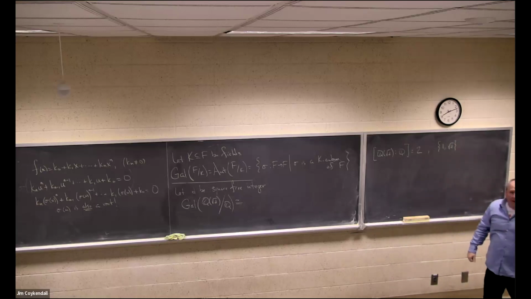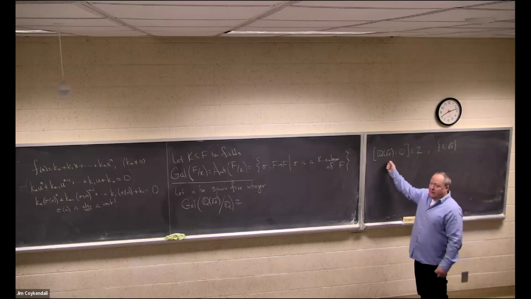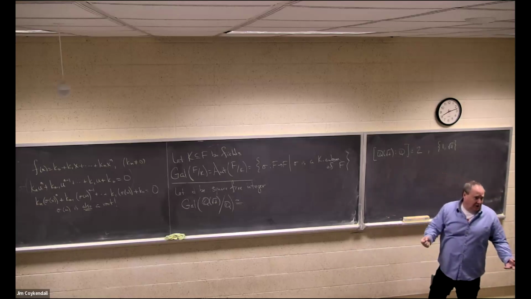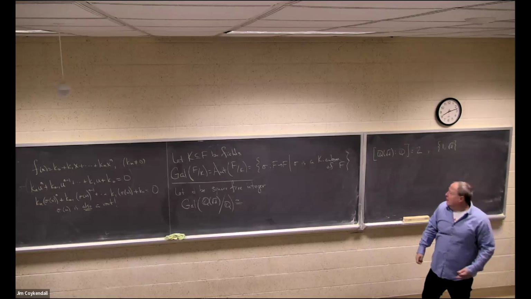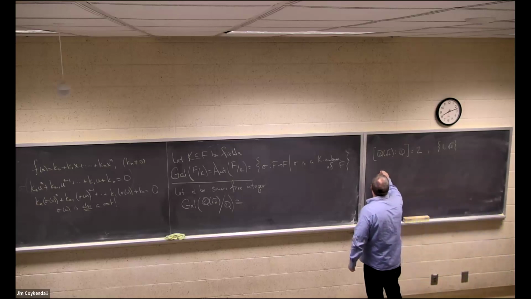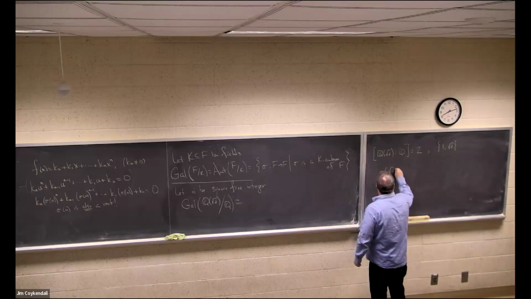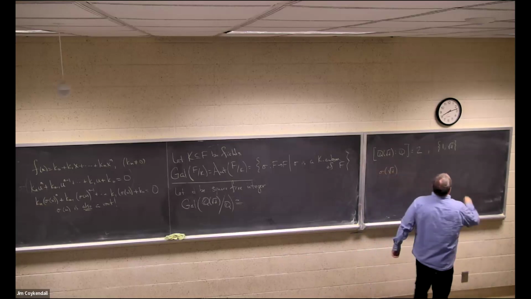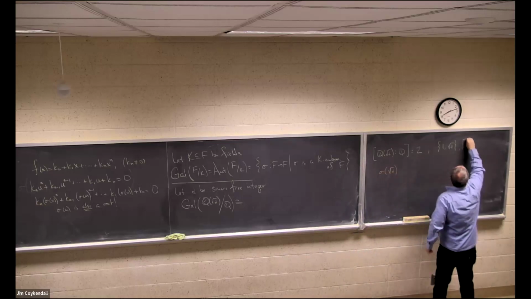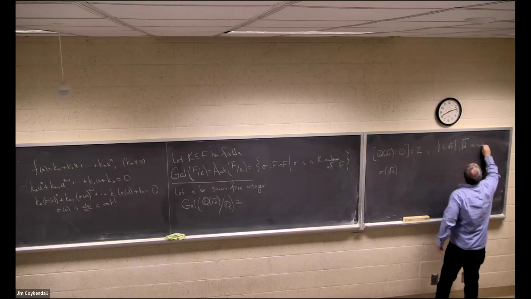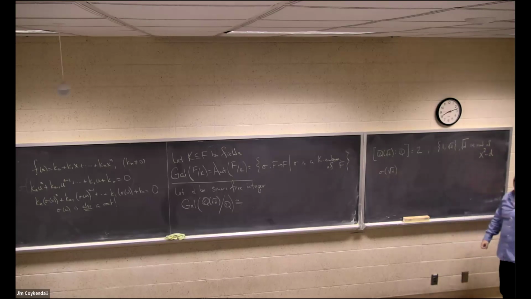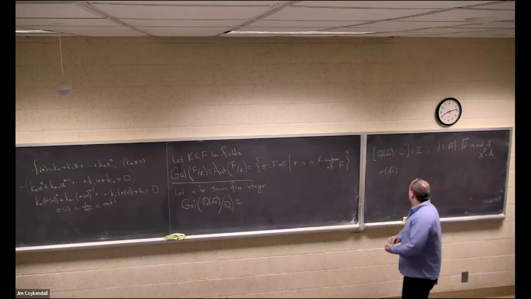Now, to understand an automorphism here, all I have to do is tell you where the basis goes. And of course, radical D is a root of x squared minus D. Because I've demanded that D be square free, it's easy to show that this is an irreducible polynomial.